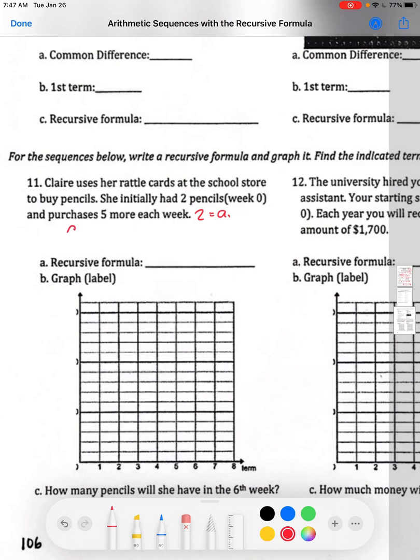So our formula would be a sub n is equal to a of n minus 1 plus 5. So there's our recursive formula. Let's just go ahead and list out some values really quick.